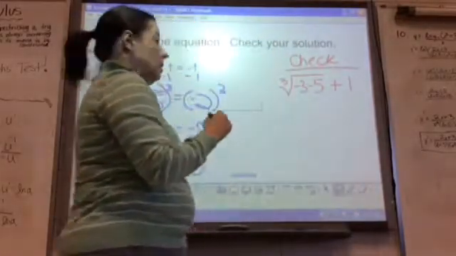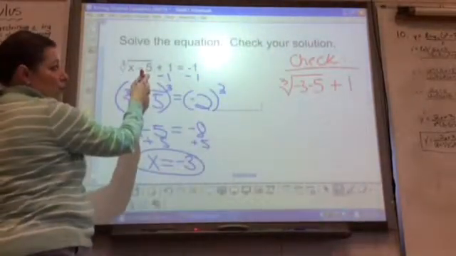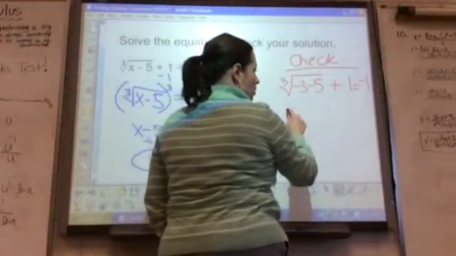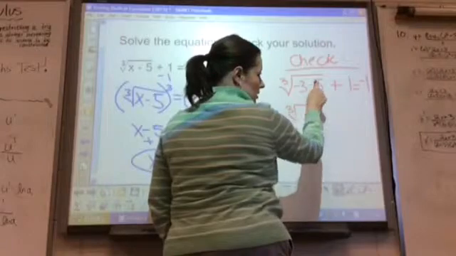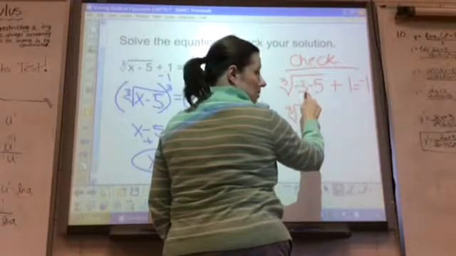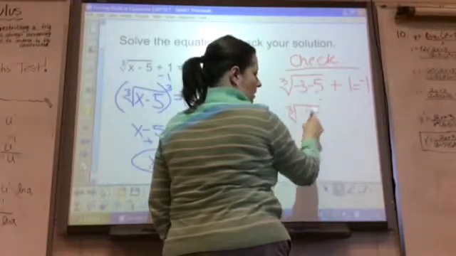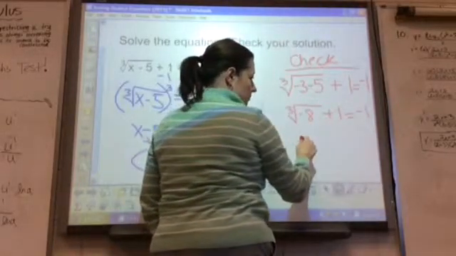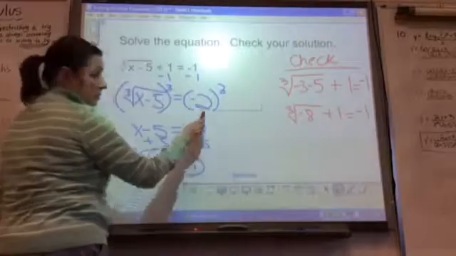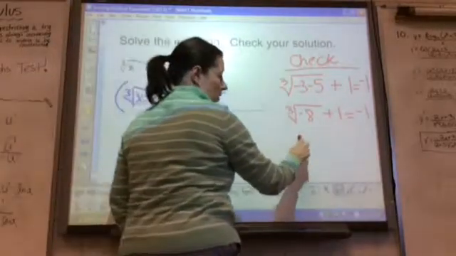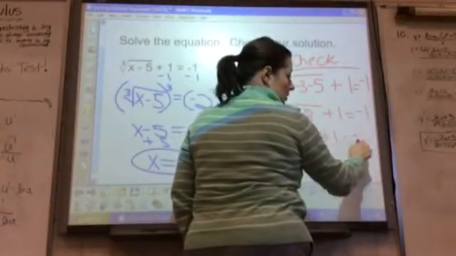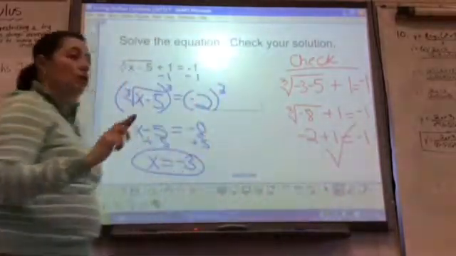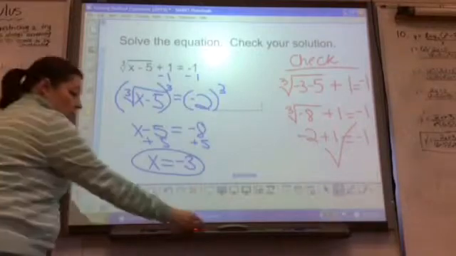If I plug that back into the original, and equals negative 1 is what we want. So cube root of what? Negative 8. So what is the cube root of negative 8? Look, we did it over here. Negative 2. Plus 1. Is that true? Yes. So our number is good.